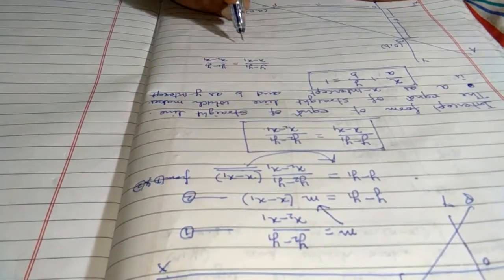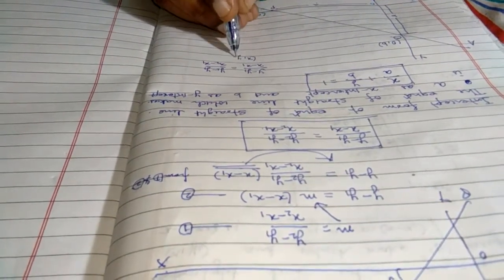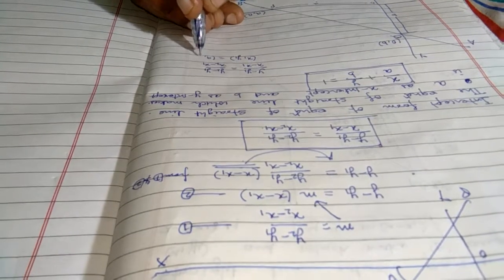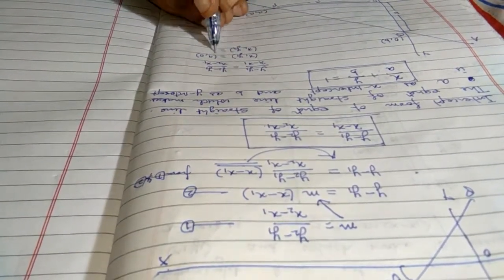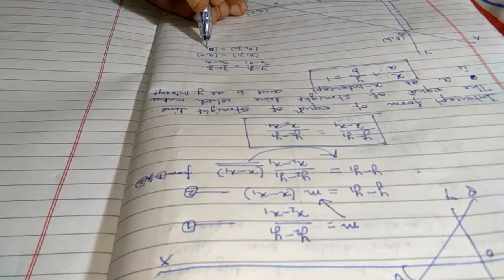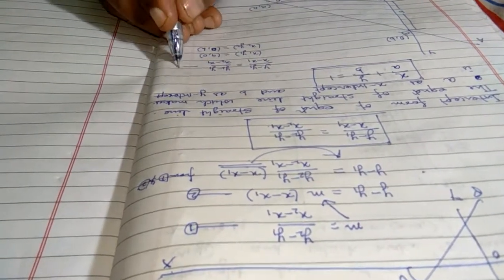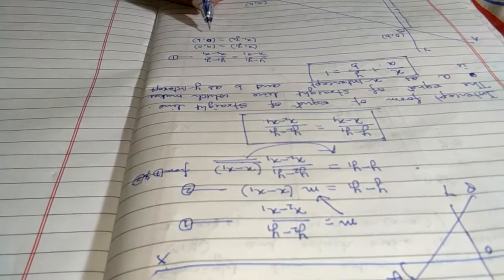Here we are assuming x1 y1 is equal to A,0 and x2 y2 is equal to 0,B. Therefore we are substituting these values in the two-point form.